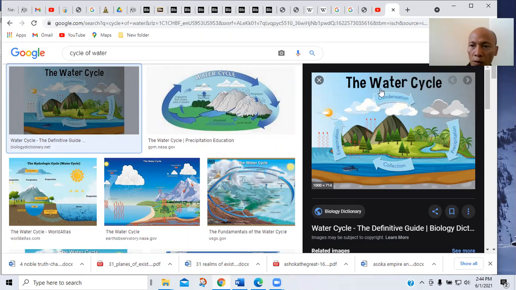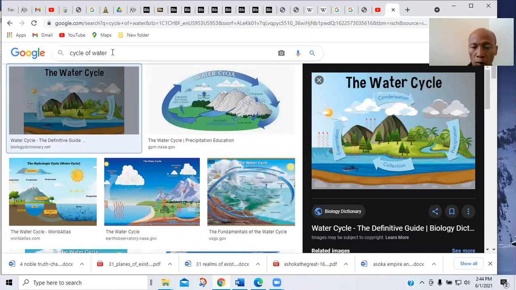That's the cycle of water. And there is no beginning and no ending point of the water cycle, whether it's on Earth or anywhere in the universe.